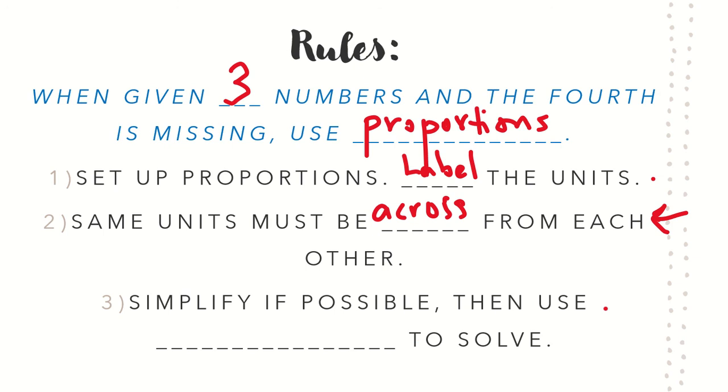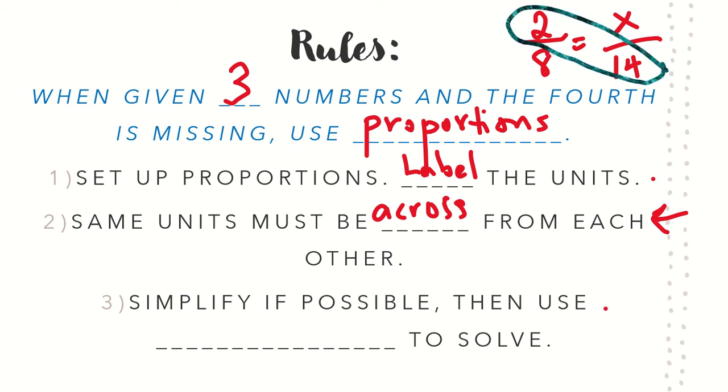Who remembers how we solved proportions? I'm just throwing out an example here. That method of cross multiplication and division. Technically it's called cross multiplication and division, but we have been calling it bat and ball or the butterfly method, just to use a more common term.